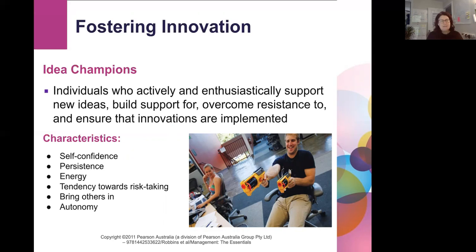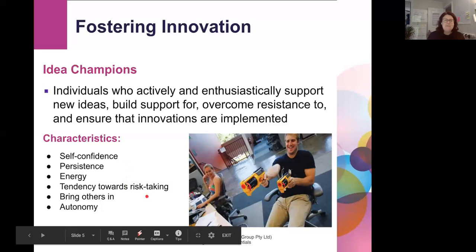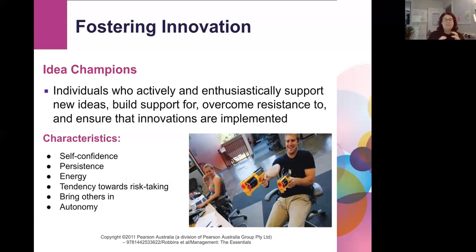They have an energy about them, which ties into their persistence, and means they can keep moving things forward. They have a tendency towards risk taking. In that last slide where we looked at these cultural factors, you'll see an alignment around risk taking, capacity, and tolerance for ambiguity.